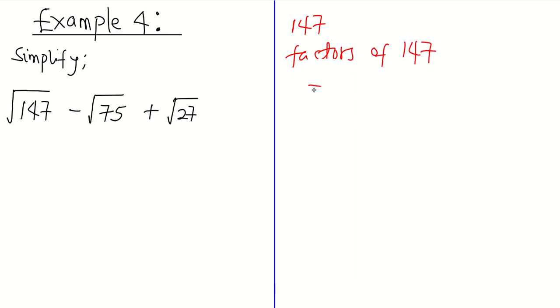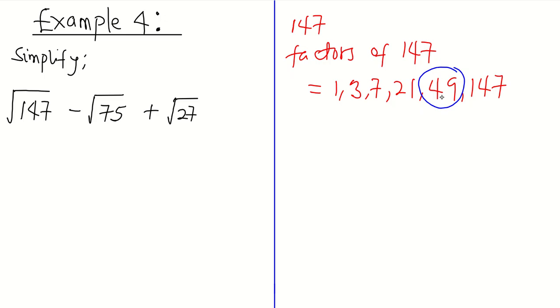And the factors of 147, we have 1, 3, 7, 21, 49, and 147. Now among these factors, we check out for the largest perfect square number. And among these, the perfect square number here is 49.